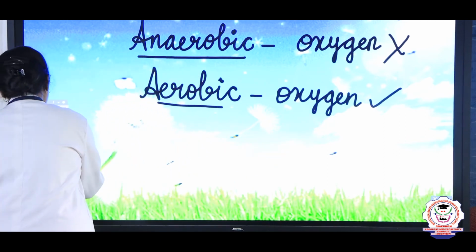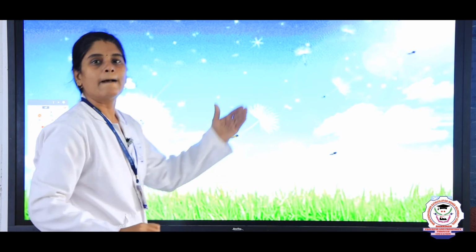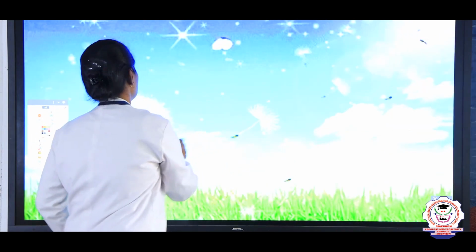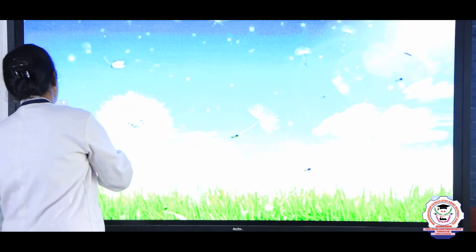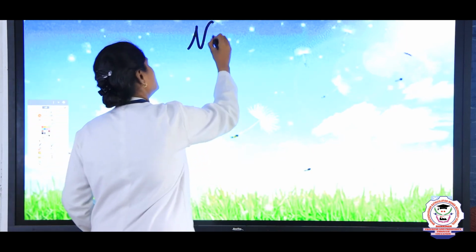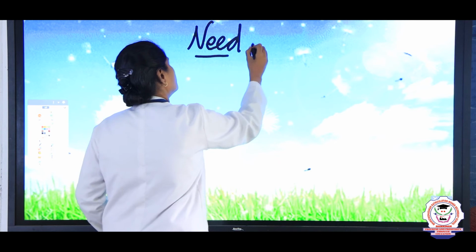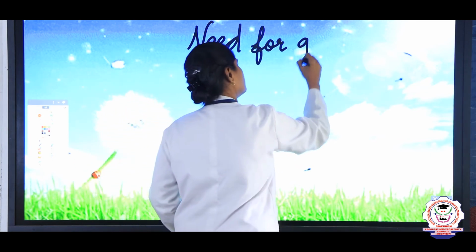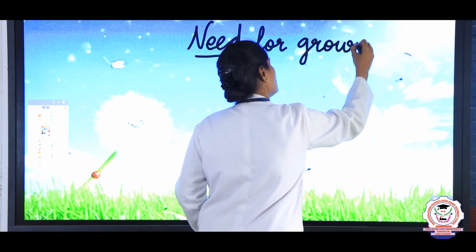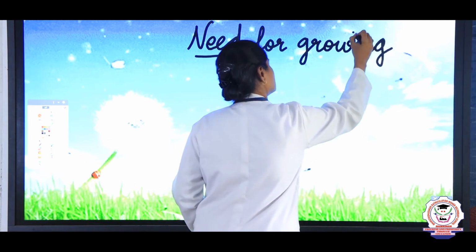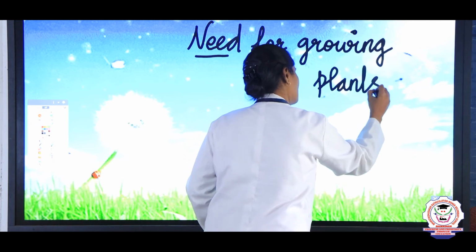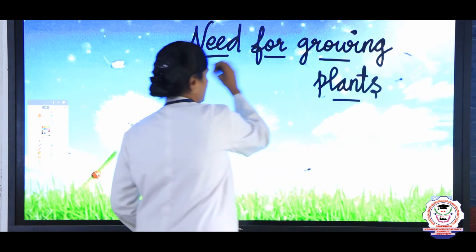Now, let us see what the need is for plants to grow, okay. What is the need for growing plants? As we all know, plants also need oxygen, right.